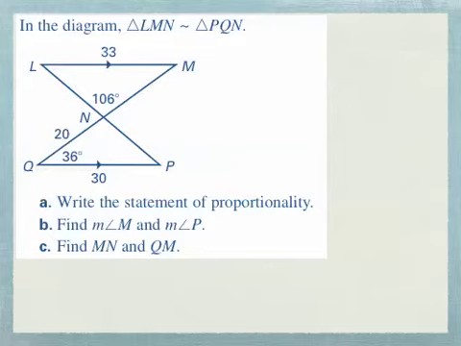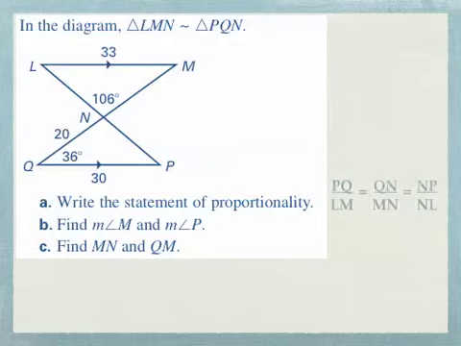So if you look at this diagram, my corresponding sides: QP for my bottom triangle would be corresponding to LM on the top triangle. QN would be corresponding to NM, and then LN would be corresponding to NP.